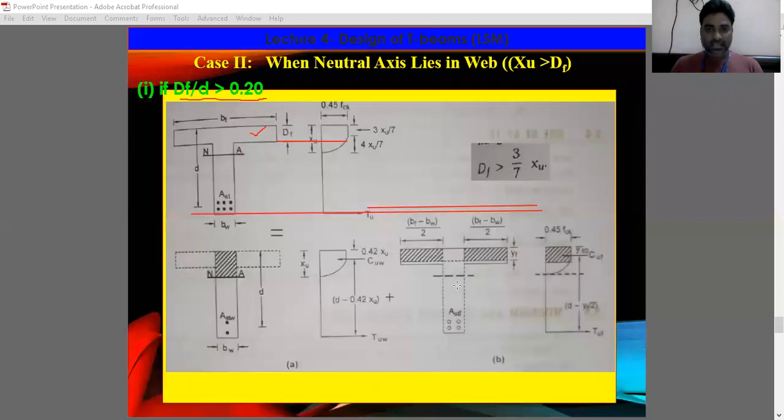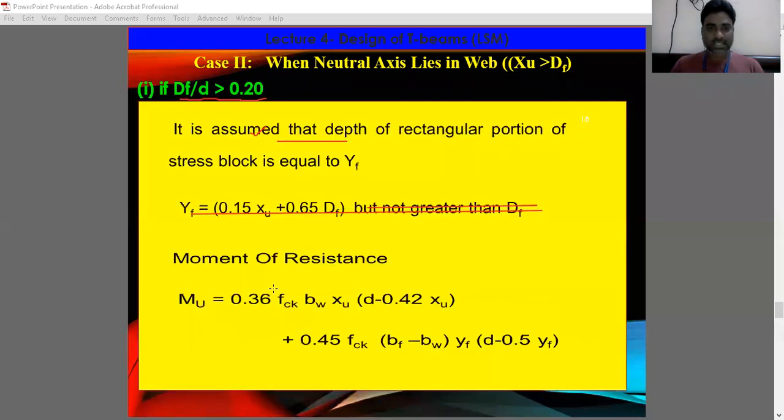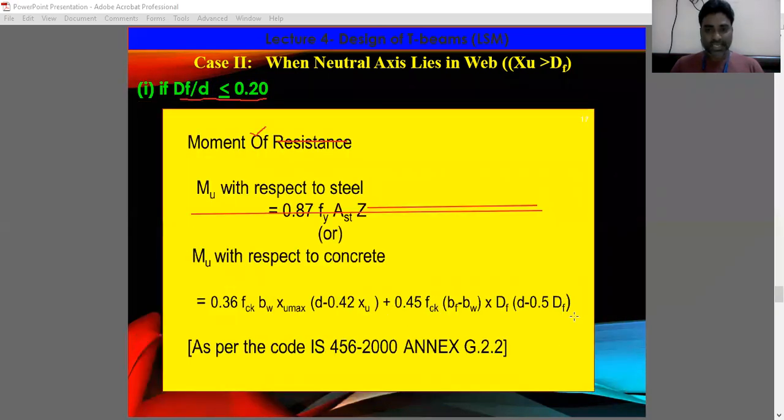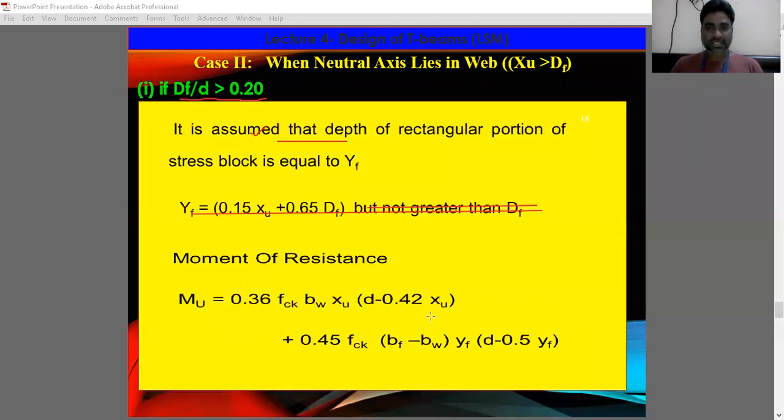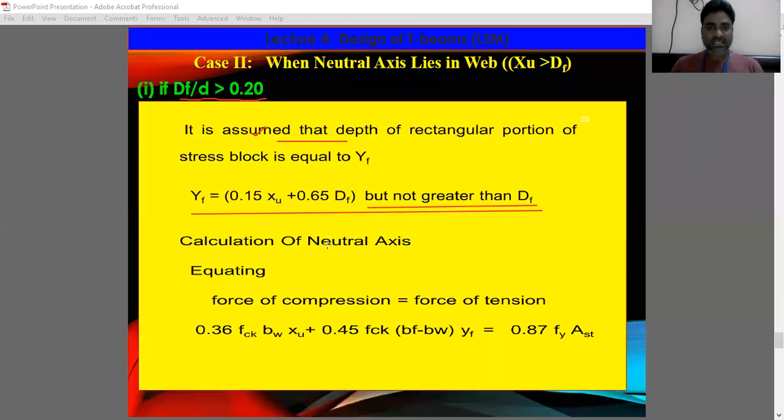Then determine the yf, then equate the compressive force. If you know the df, it is exactly similar to this case. Instead of putting df, you just put yf in this equation. That is modified. So yf is equal to 0.15 xu plus 0.65 df, and in no case should it be greater than df.